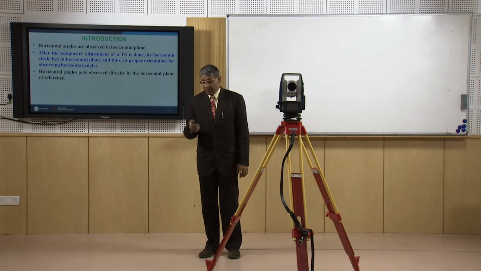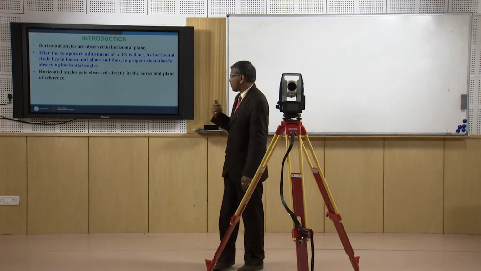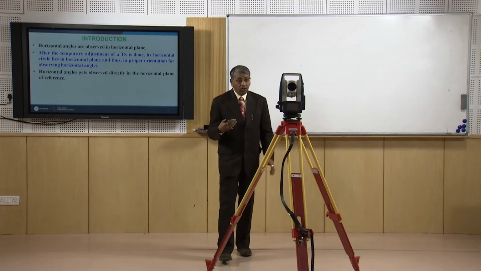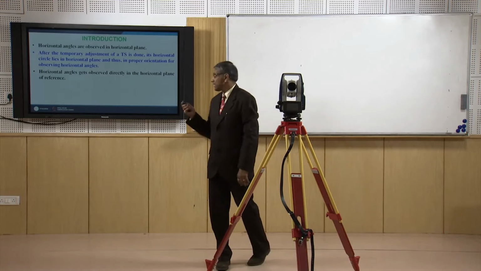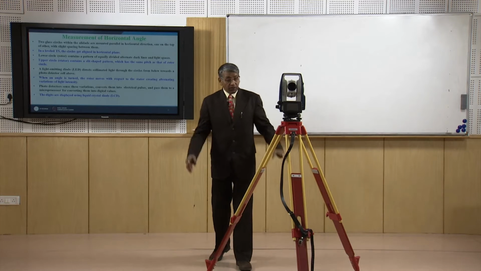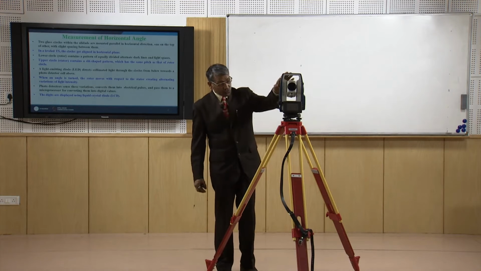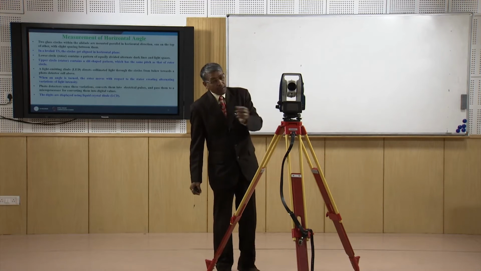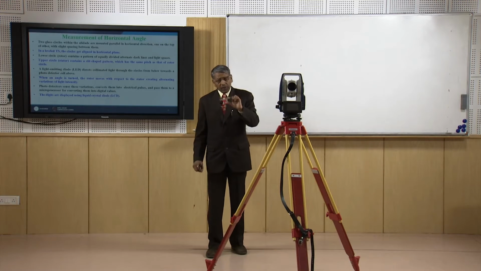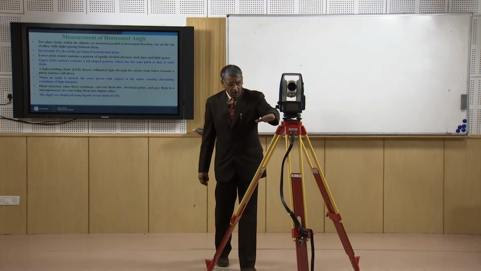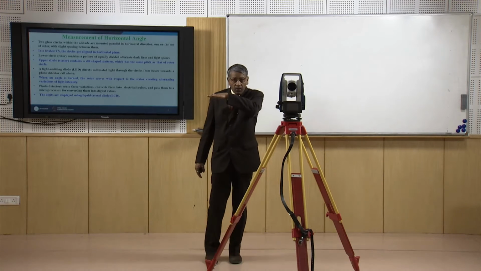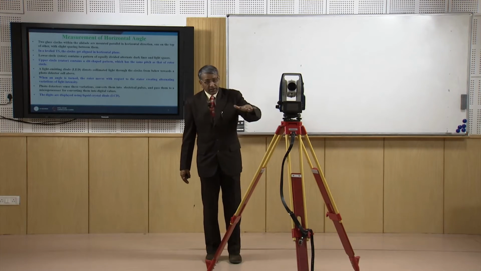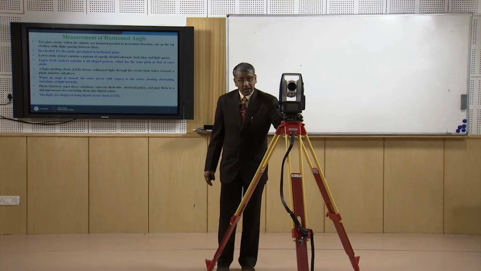Now before I go about the measurement, I would like to discuss how this instrument really provides us the horizontal angle. As I already told, in this instrument there is a pair of horizontal plates, and these plates become perfectly horizontal when we make the instrument level.